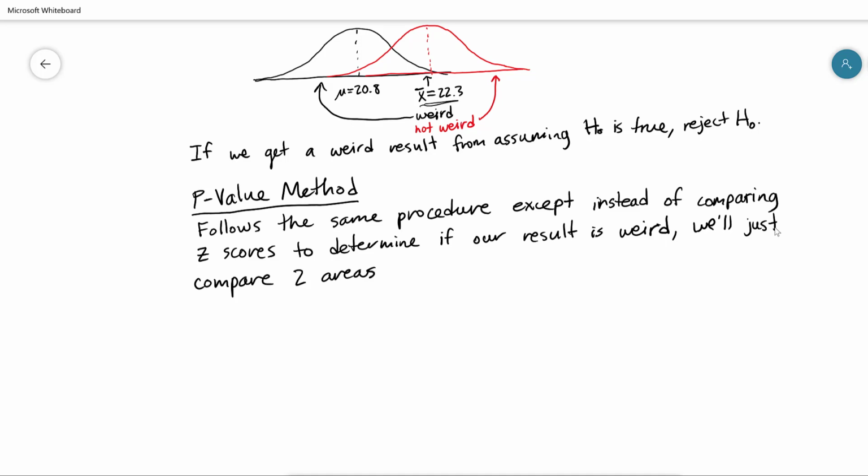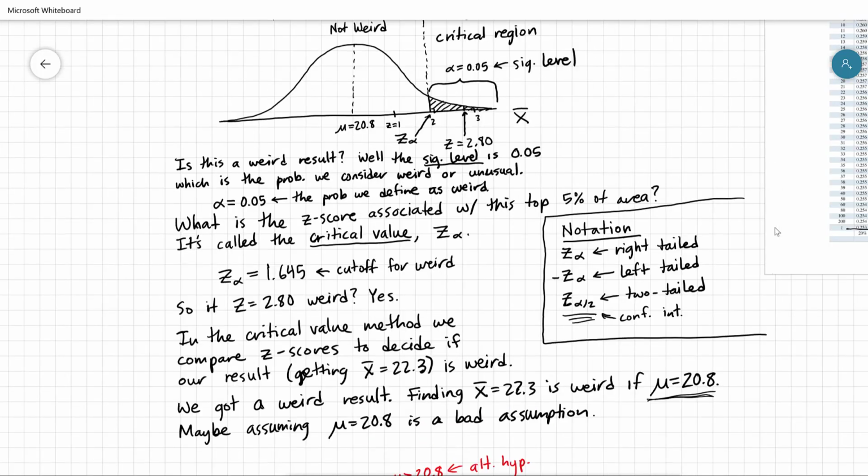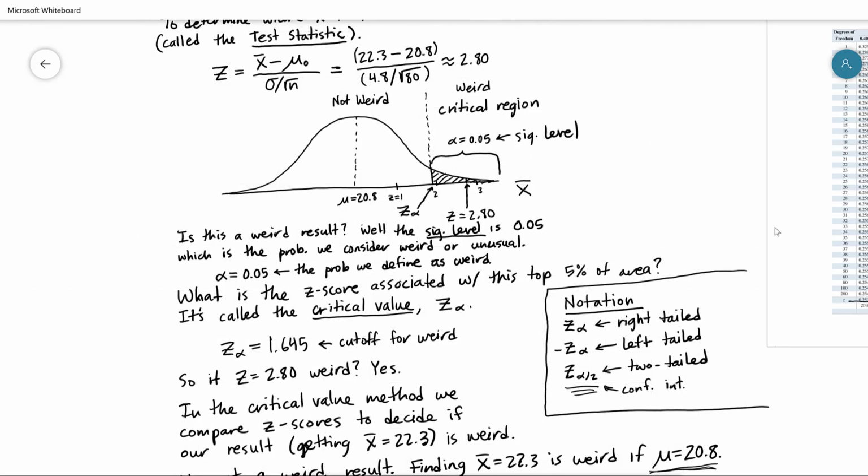So going back up to the picture that we did before. The critical value method, we compared these two z-scores. In the p-value method, I'm going to compare these two areas. This little tiny area compared to the one that we've already drawn, I'll do it in blue, this larger area that kind of contains it.